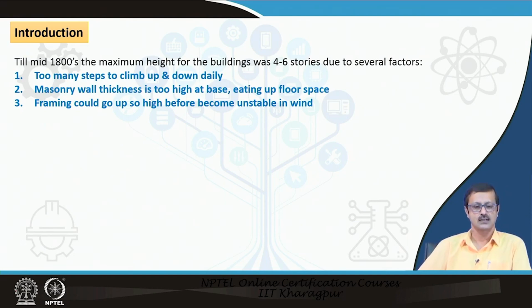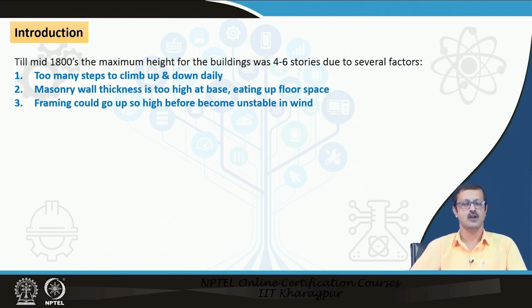The reason we could not go up is that there are three typical reasons. One is too many steps to climb up and down every day. Even 10 to 12 floors is too many steps to climb. And as you know, in a high-rise masonry structure, the thickness at the ground floor will be so enlarged that it will eat up a lot of ground space.